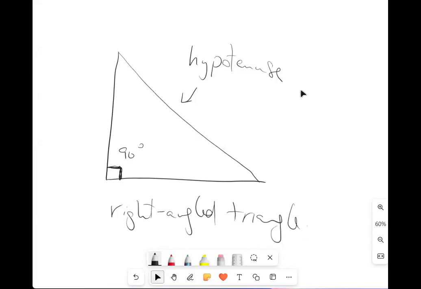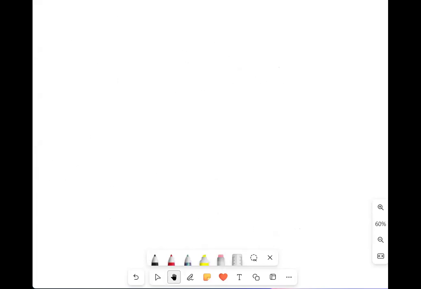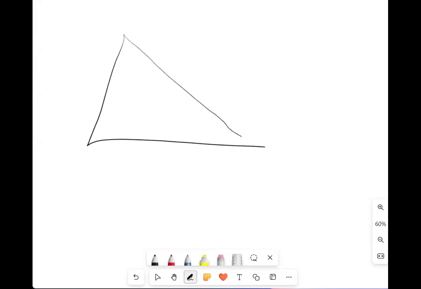Triangles have some properties, and I think I mentioned one earlier: the angles in a triangle add up to 180. So if you have a triangle, and here is alpha, this is beta, this is gamma, alpha plus beta plus gamma, the interior angles, add up to 180 degrees.